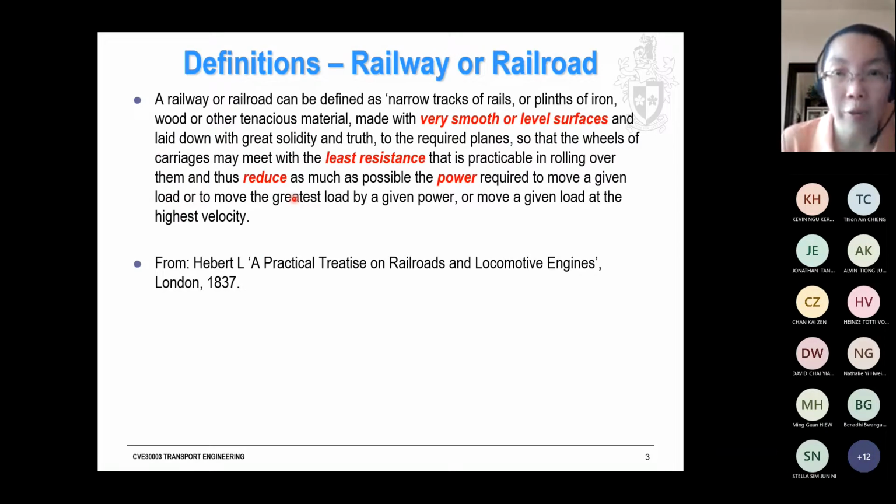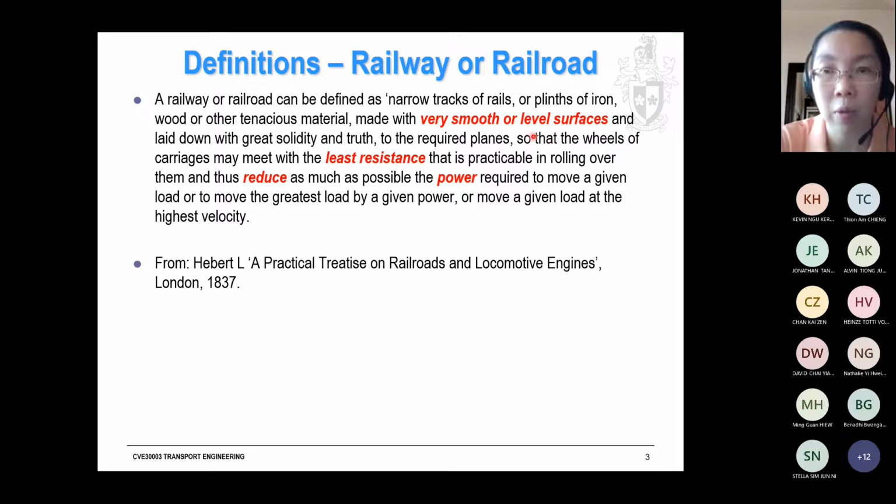First off, a very quick introduction on railway or railroad. What is the definition for either of these terms? A railroad or railway can be defined as a narrow track of rails or plinths of iron, wood and other material made with very smooth or level surfaces.